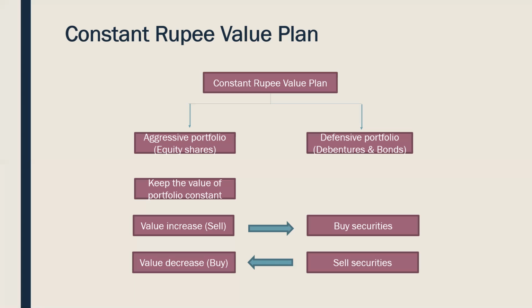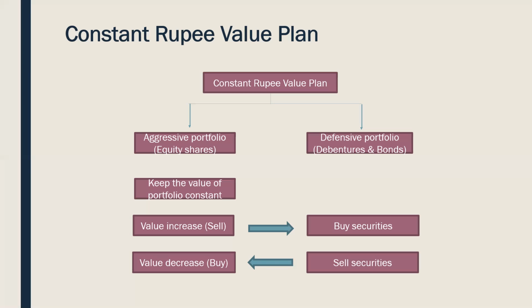You will sell securities worth 10,000 from your defensive portfolio. Debentures and bonds worth rupees 10,000 will be sold off, and that money will be used to purchase more securities. So 10,000 rupees worth of securities will be purchased and invested in the aggressive portfolio. And again, the aggressive portfolio's rupee value will become 50,000.